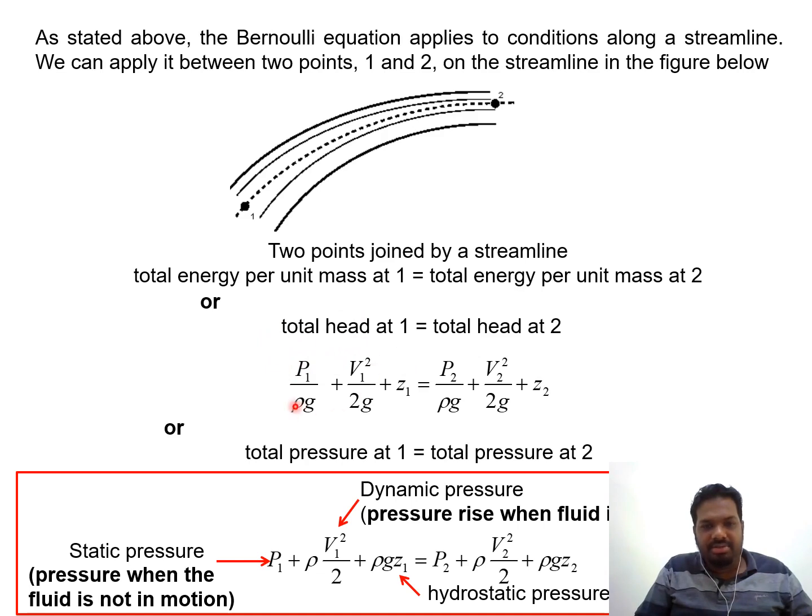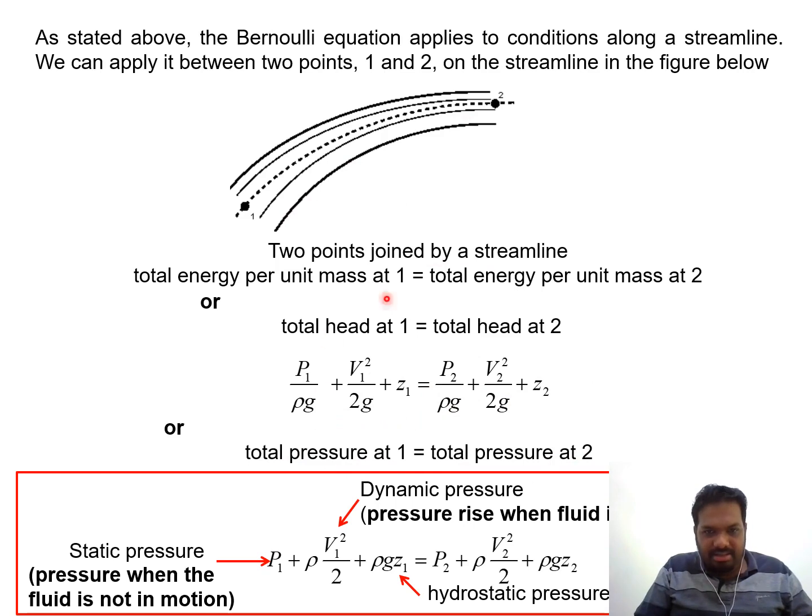So this is the equation we saw earlier, and this equation at 1 equals the similar equation at point 2. P1 is indicating pressure at point 1, P2 is indicating the pressure at point 2. Or you can say the total pressure at 1 equals the total pressure at 2.